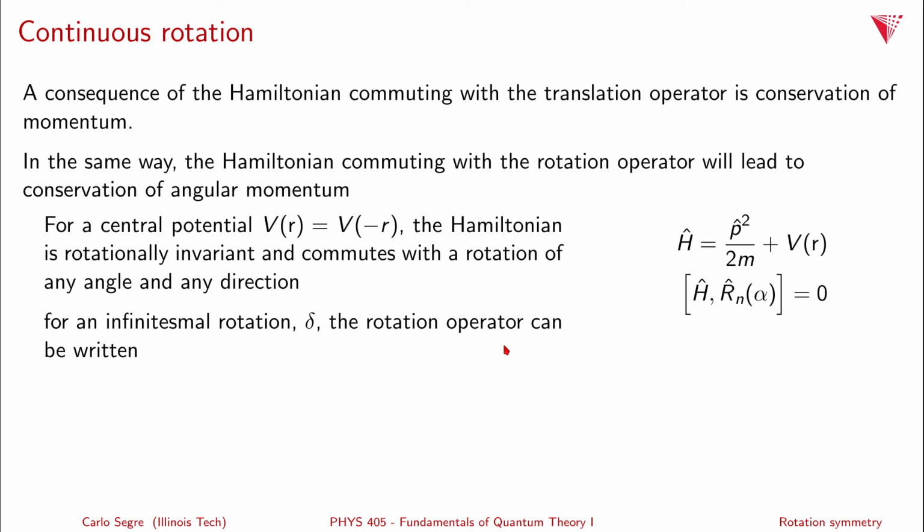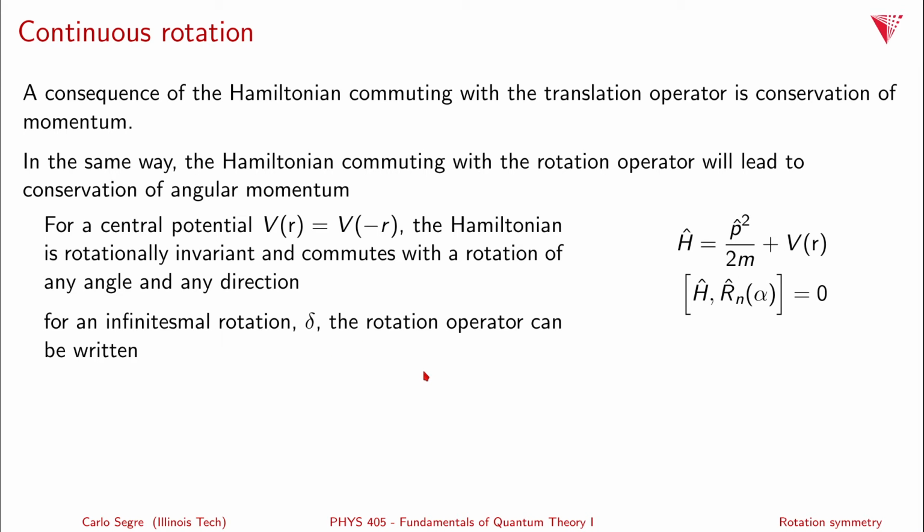So for an infinitesimal rotation, this also must hold. And an infinitesimal rotation delta means that the operator, which had the form e to the minus i alpha L sub z over h bar, can be expanded in only the first two terms, and we can ignore terms higher order in delta.